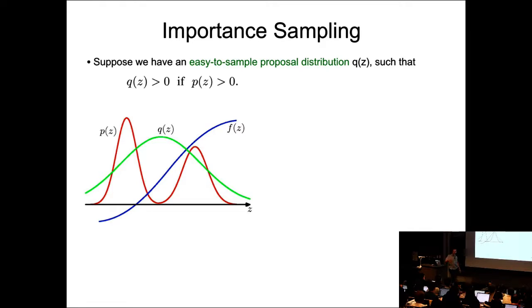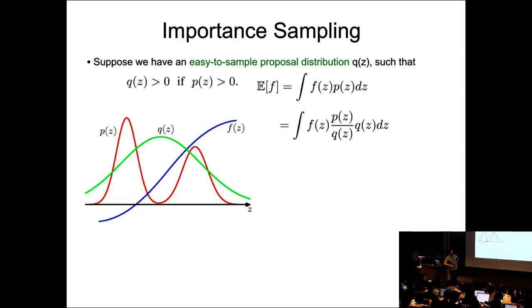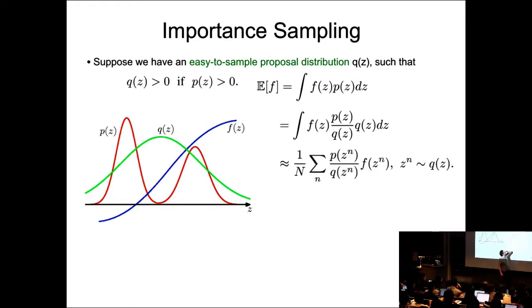So we're trying to evaluate one policy with respect to another one. So Q is easy to sample from, and P could be some hard distribution that we can't really sample from. Then I can do the following. I can divide and multiply by Q of Z, right? So I can do this operation, and then I can convert this estimator into this problem. And this is known as a simple importance sampling estimator.